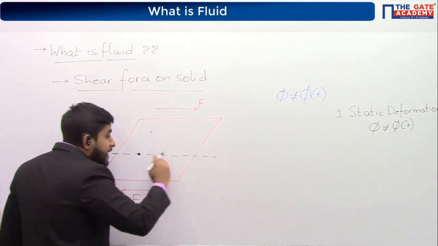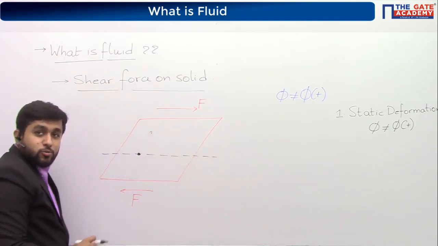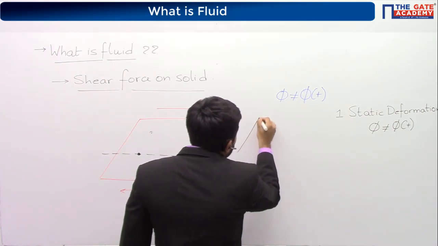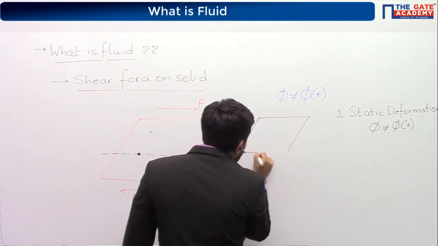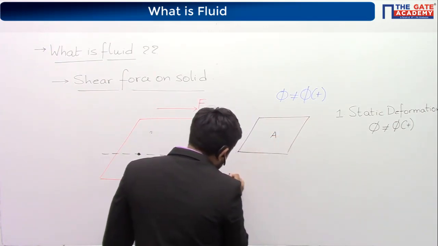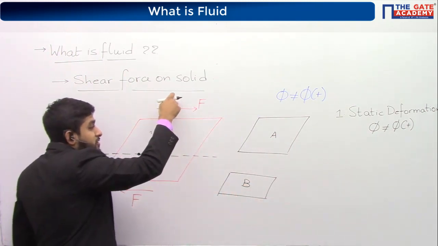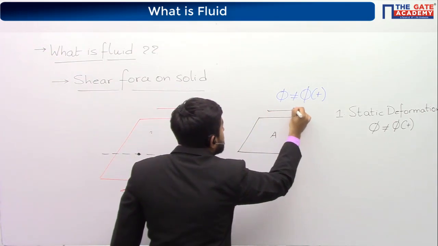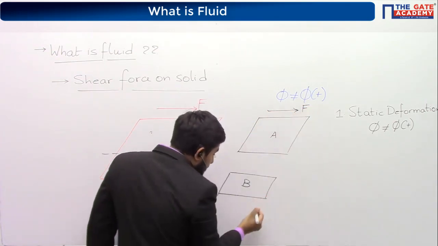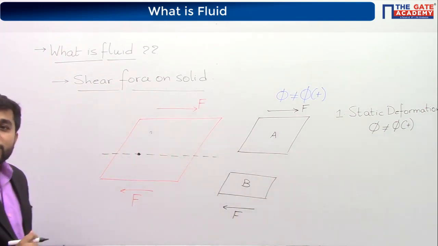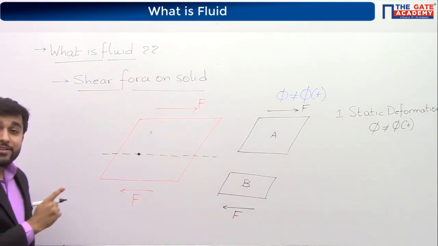And through this point I am drawing a plane. So basically the meaning of this is that you have divided the body into two portions, portion A and portion B. Now check, the upper force is directly acting on portion A, and similarly the bottom force is directly acting on portion B. But the entire body is at rest.